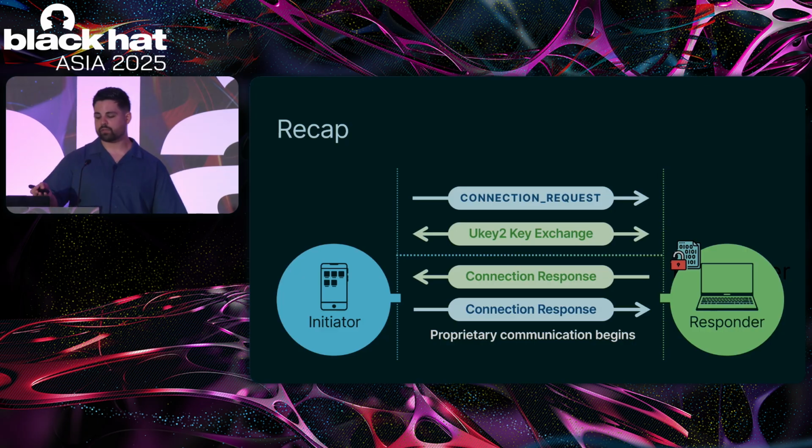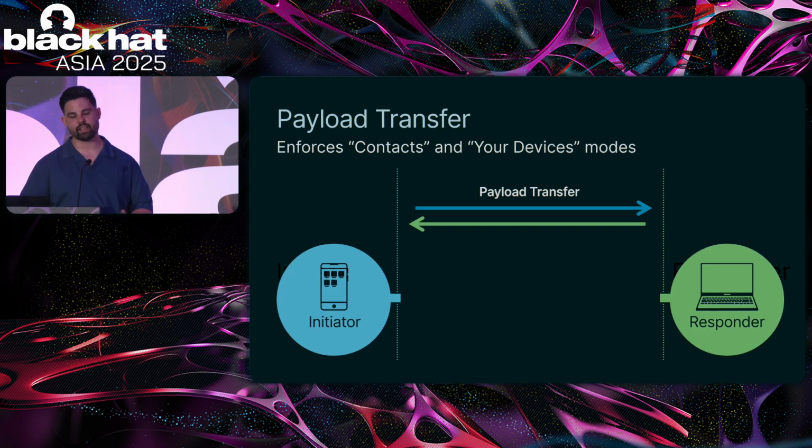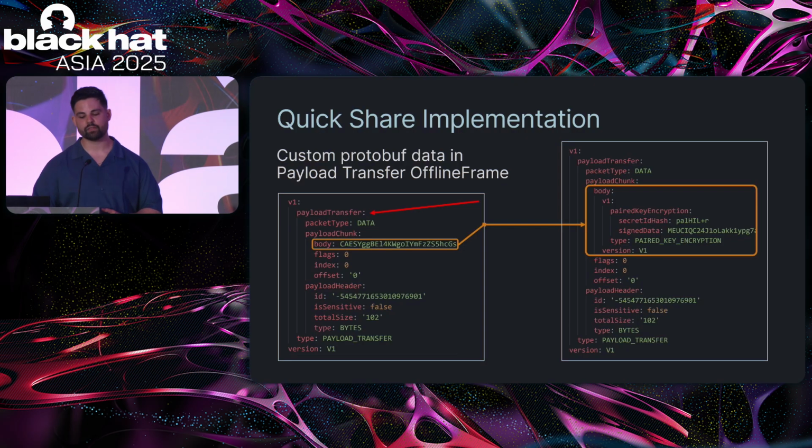And as a reminder, this is where we stopped, just where the devices are connected and the proprietary communication begins. After that, both devices send a payload transfer packet. Deeper inside the payload transfer packet, we were able to see that the payload it transfers is really another Protobuf packet called paired key encryption.